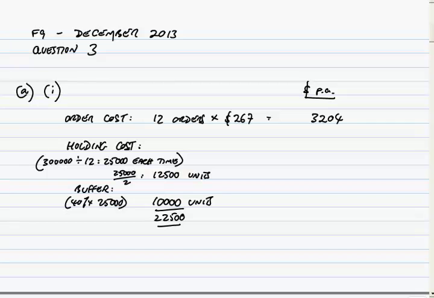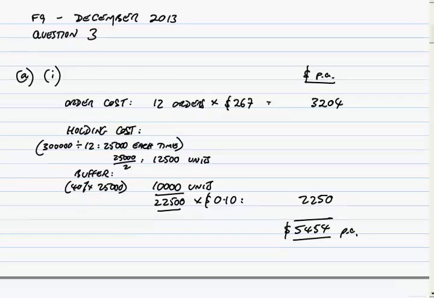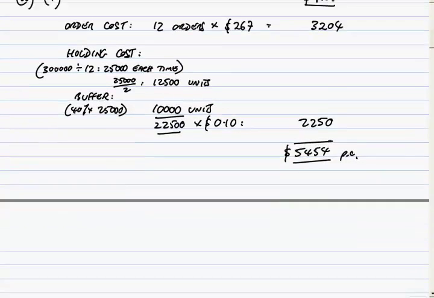In addition, we've got these 25,000 units coming in a month. On average, an extra 12.5. Well, at 10 cents a unit a year, an extra 2,250, and so the total cost 5,454 per annum. Well, that's the current ordering policy.